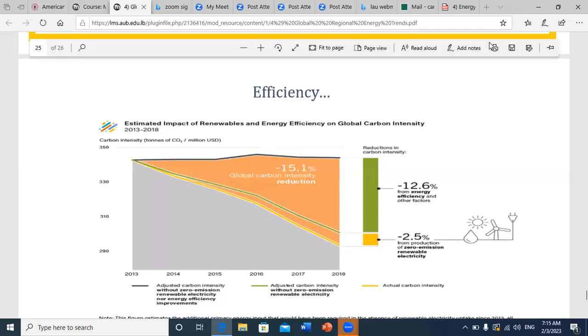This will always require research and technological development in order to enhance efficiency of such energy systems.